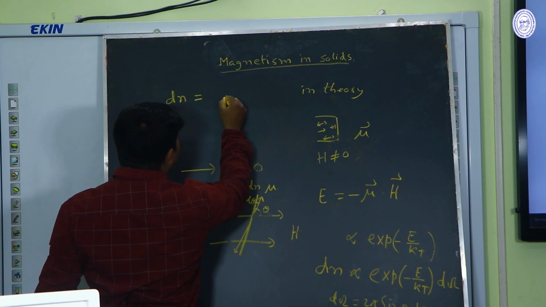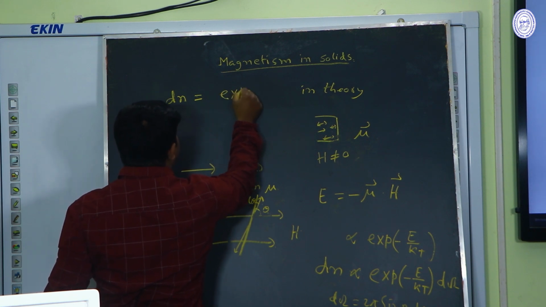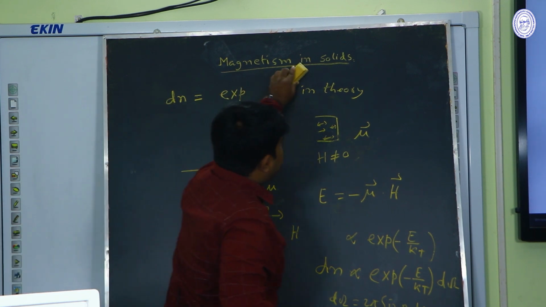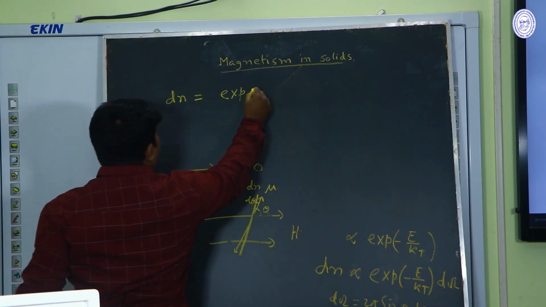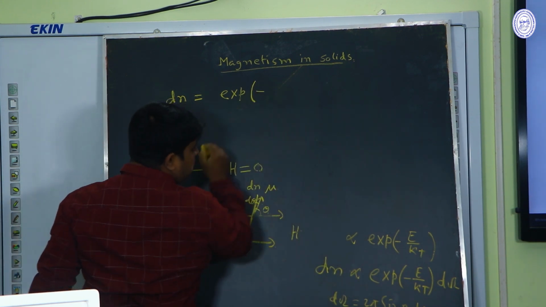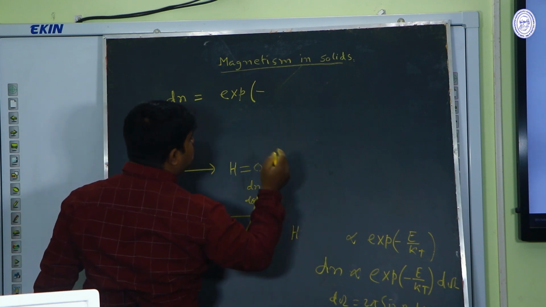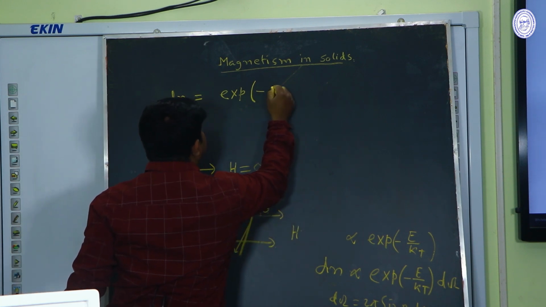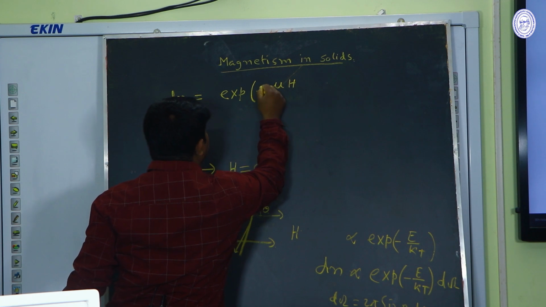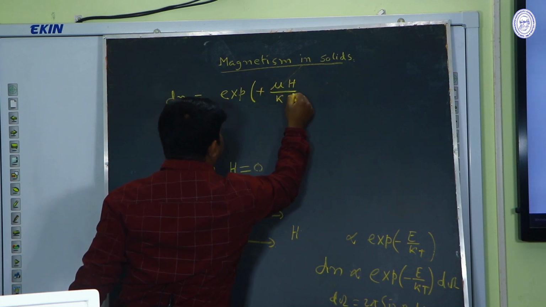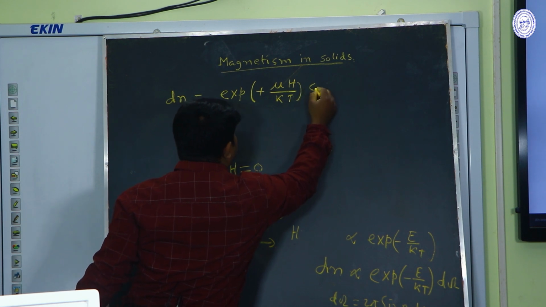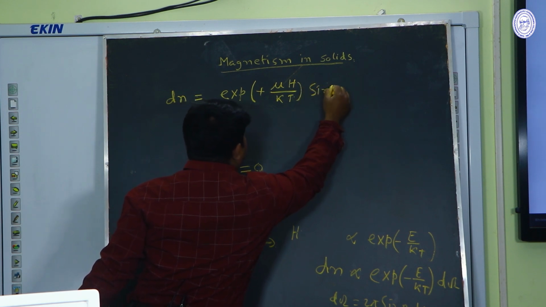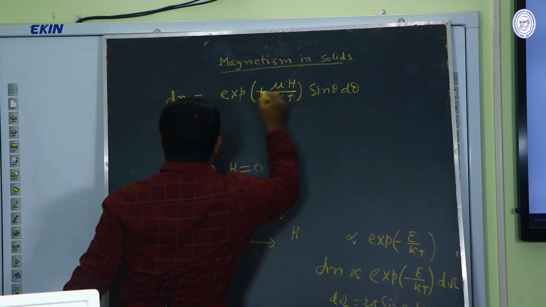that is, exponential of minus E, meaning mu H by kT, into 2 pi sin theta d theta, into 2 pi.